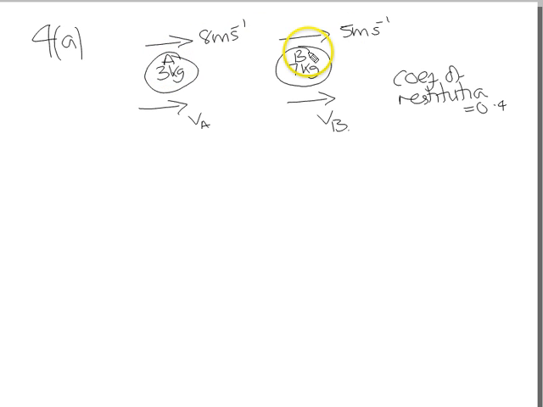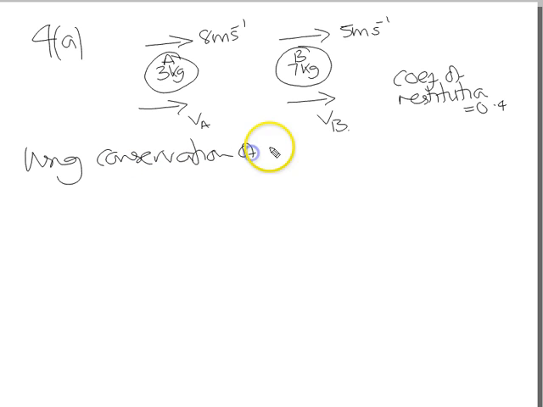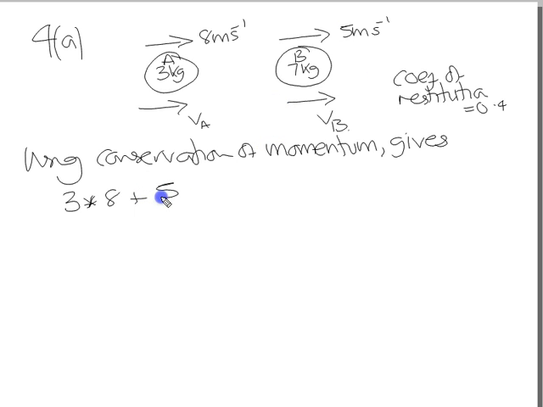So, conservation of momentum. Let's use that first. So the momentum before: 3 times 8 plus 5 times 7, in this direction, is equal to the momentum after, which is 3VA plus 7VB.